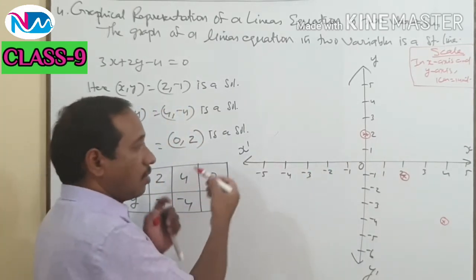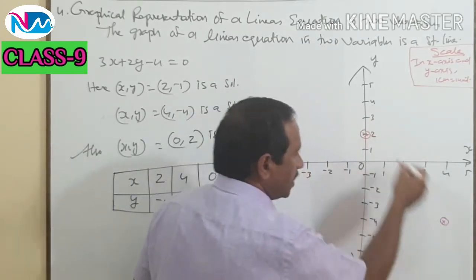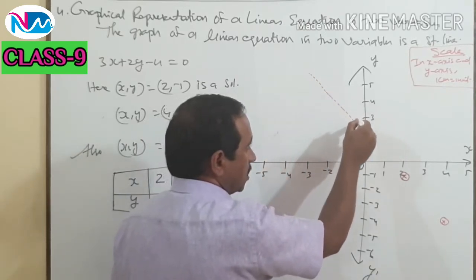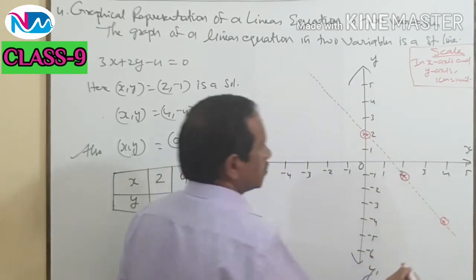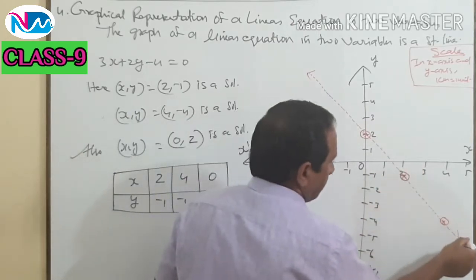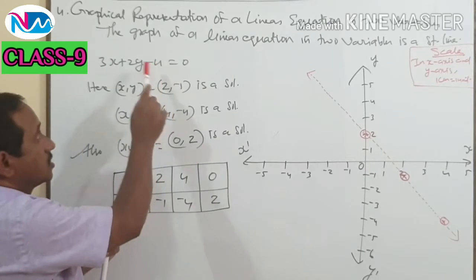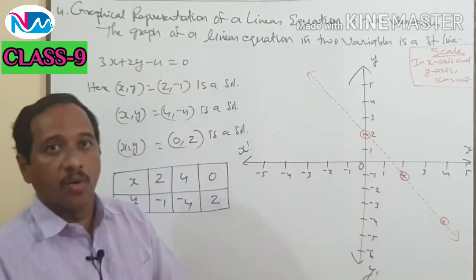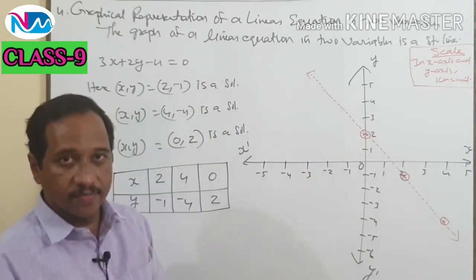Hence we have plotted all the 3 points, and now if I join them using a scale, you can see that you will get a straight line. That means if you find more solutions of this equation and plot them on a Cartesian plane, all those solutions will be in a straight line.